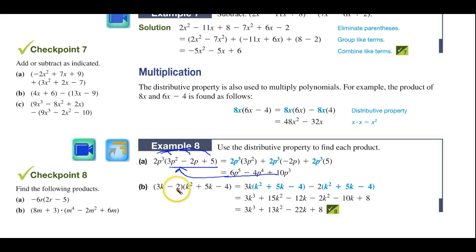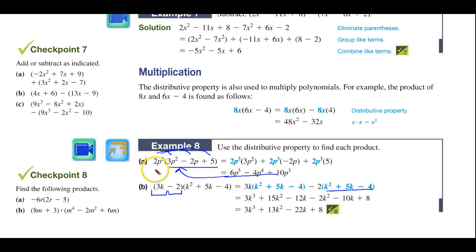Now when we have 2 terms multiplied by a 3-term group, we take the monomial from the first binomial and then multiply it by each term of the second grouping, and then take our second term from the first binomial and multiply it by the second, in this case trinomial, and then group like terms.